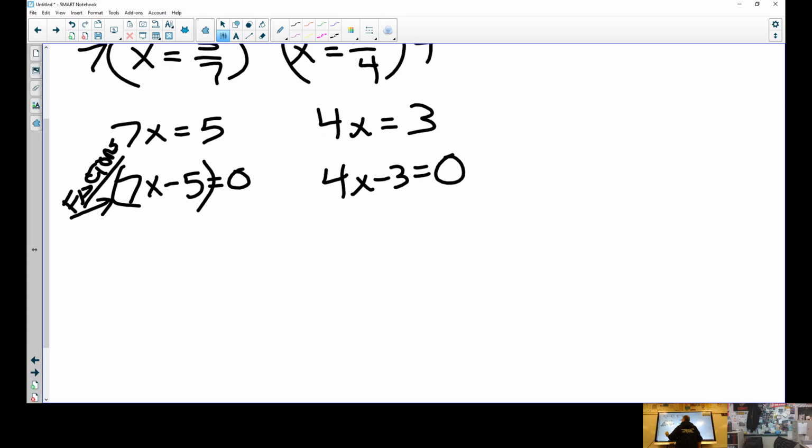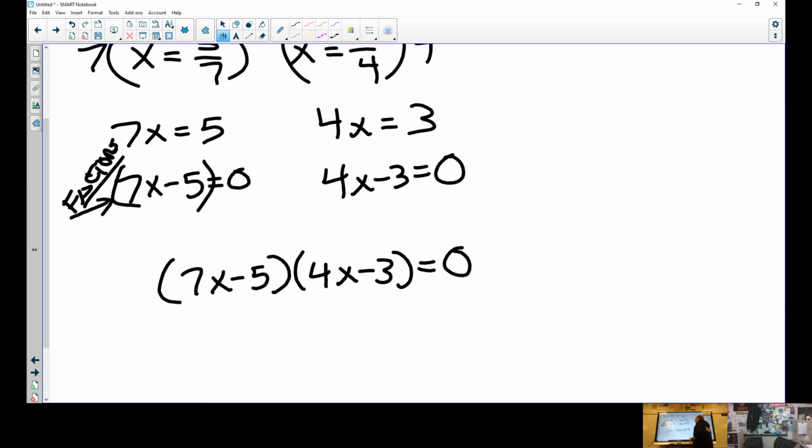So now, again, we got another factor. We take our factors, we multiply them. And again, these are roots, so they multiply to 0. Now we multiply. 28x squared. On the outside, it would be minus 21x. On the inside, minus 20x.